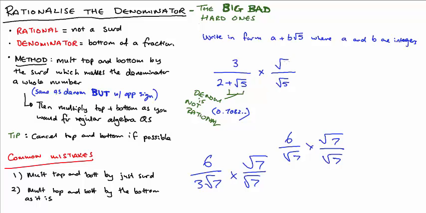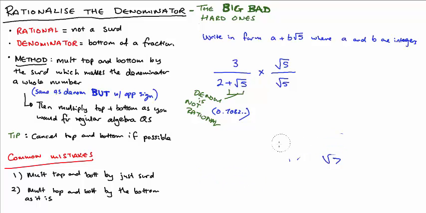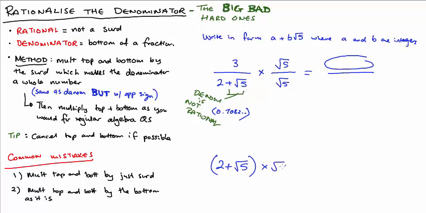So imagine we were trying to do that. Here's the deal. You don't really care what happens on the top. It's just going to be 3 root 5 anyway. The important thing is that the bottom ends up being rationalized. And you'll see in this instance it doesn't, because the bottom is 2 plus root 5, and you times this by root 5, which would just be written like this.